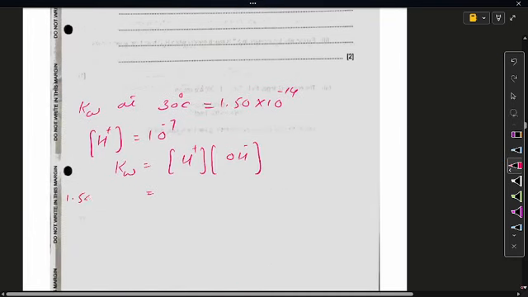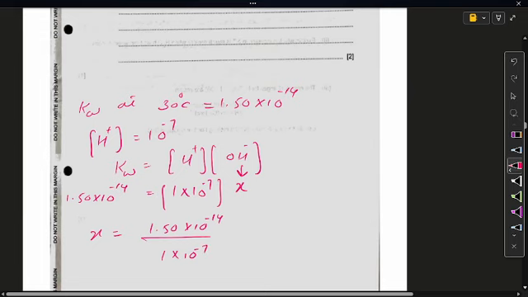So 1.50 times 10 raised to the power negative 14 equals H positive ion concentration, 1 times 10 raised to the power negative 7, times OH, which I mark as X. So X could be calculated as 1.50 times 10 raised to the power minus 14 over 1 times 10 raised to the power minus 7.